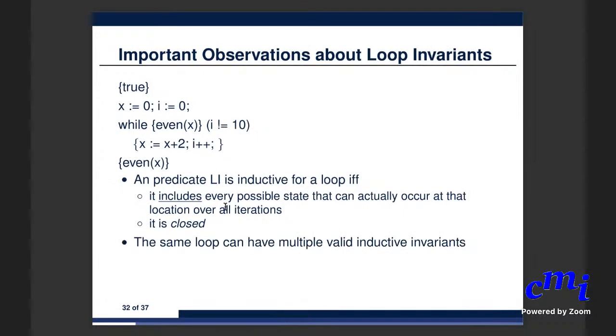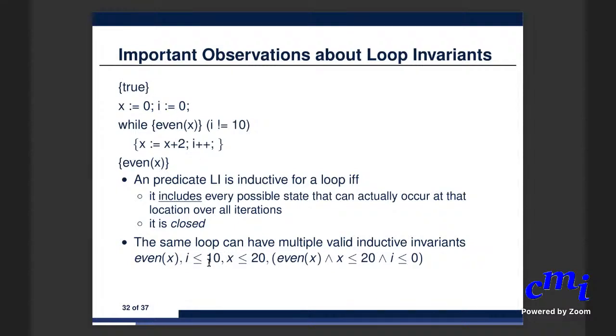That leads me to the second observation. The same loop can have multiple valid inductive invariants. For example, even(x): you already see it is an inductive invariant because it is inductive and it also satisfies the initiation condition.